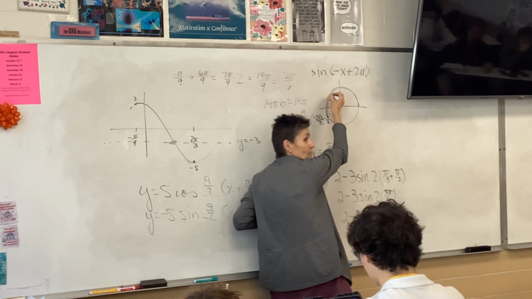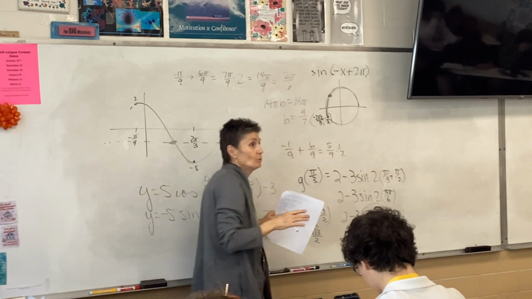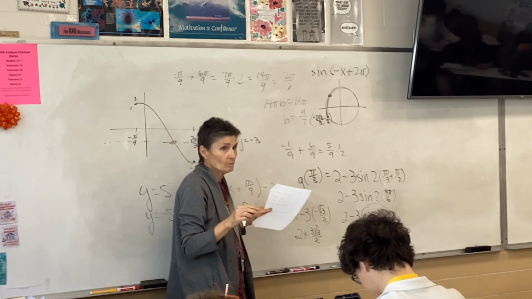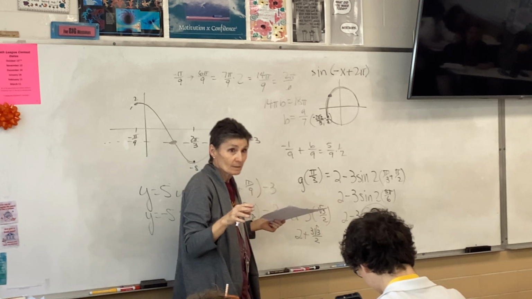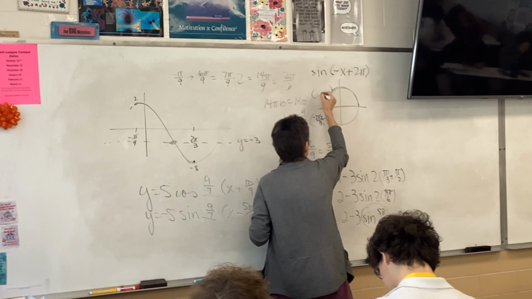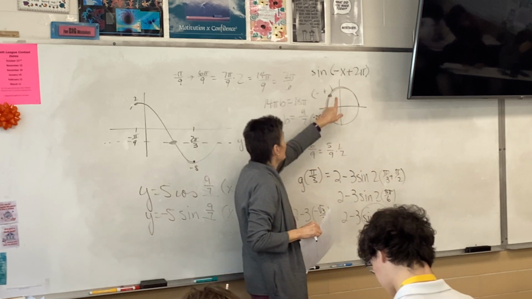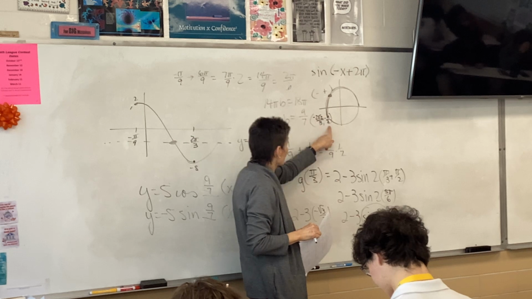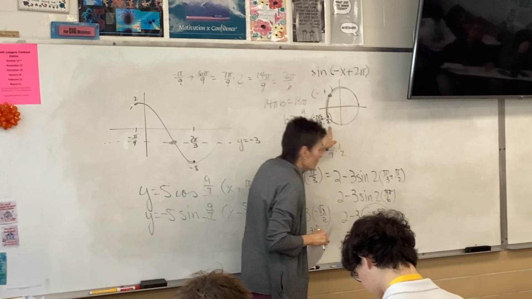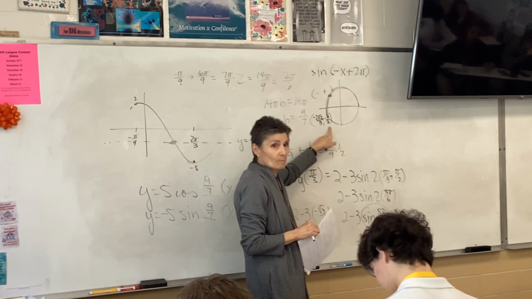Quadrant 2. And then you are adding 2 pi to it. What does that do? Nothing. So what would the answer be? Now you're up here, your ordered pair is negative positive. We want the sine, so we want the positive, what is that, 1/3? Follow that? Everybody okay?